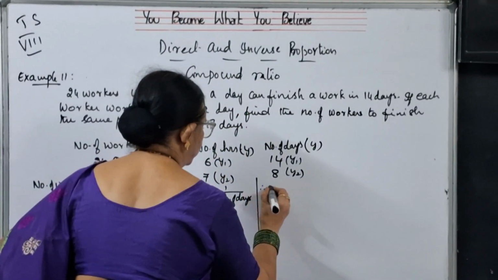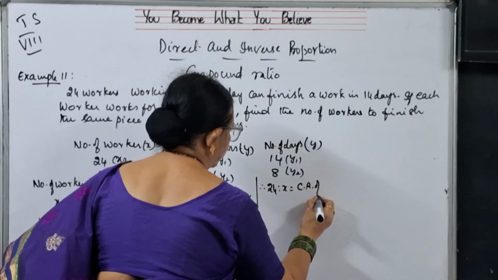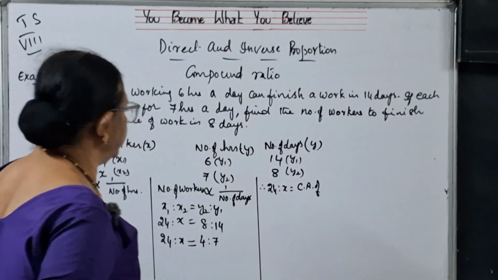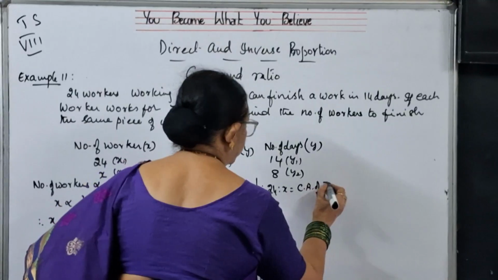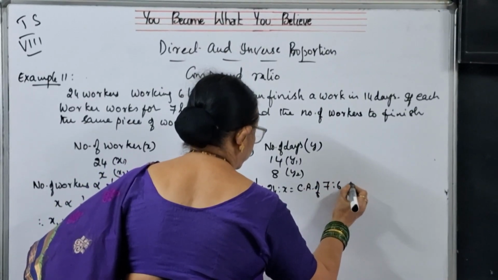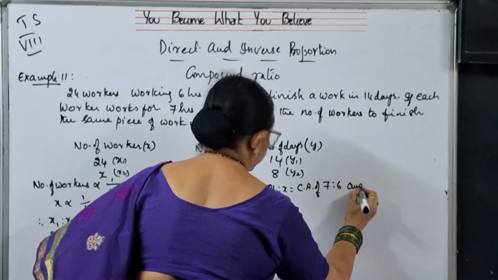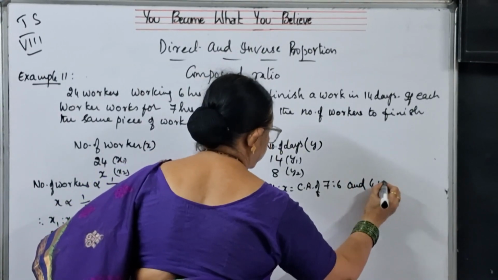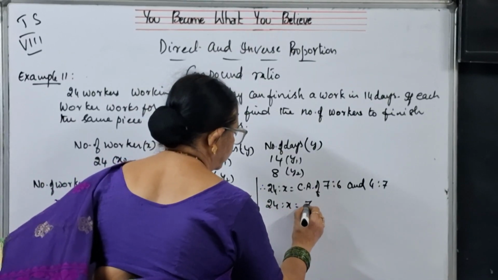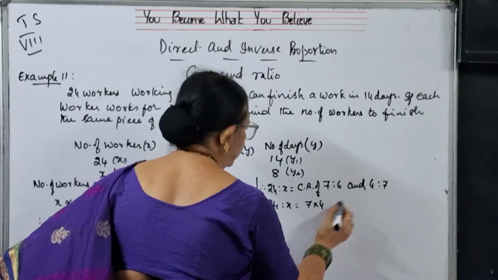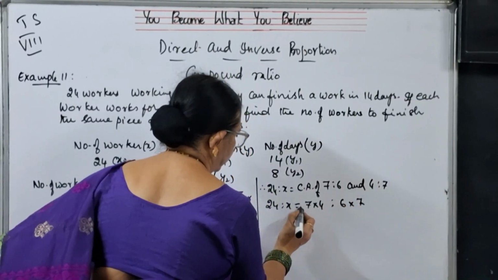Therefore, 24 is to x is equal to the compound ratio of, I am not writing completely, children, I am writing the abbreviation, 7 is to 6 and 4 is to 7. That means 24 is to x is equal to 7 into 4, antecedent into antecedent, is to 6 into 7.